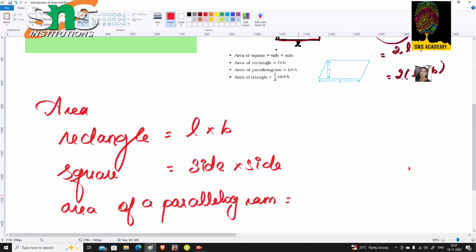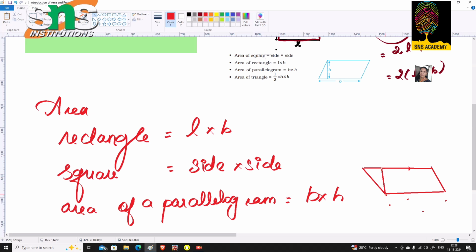The area of a parallelogram is equal to base into height. Suppose we are constructing a parallelogram. So here is a parallelogram. In the parallelogram, I need a base and the height.